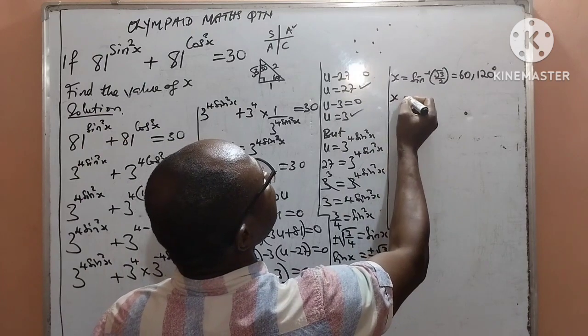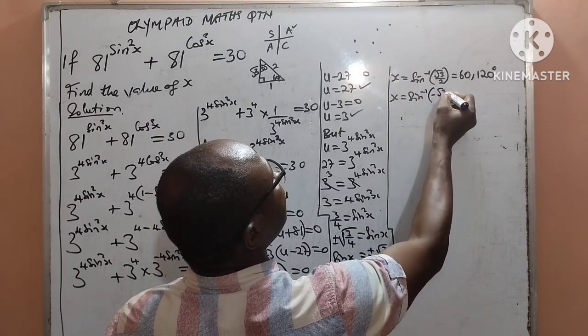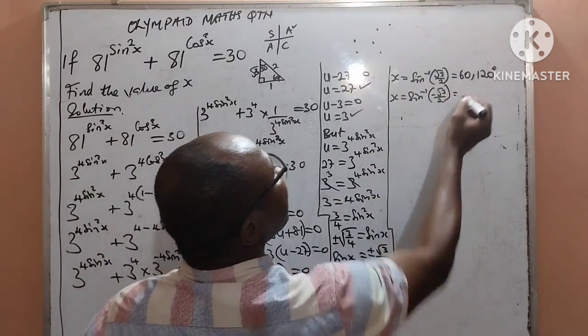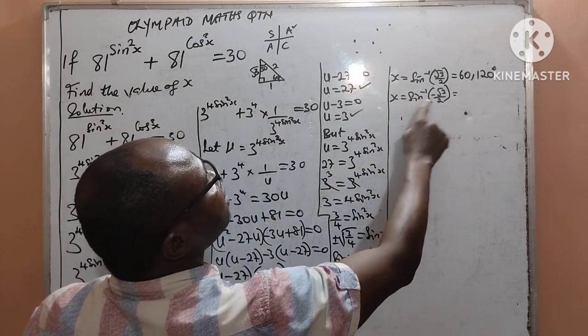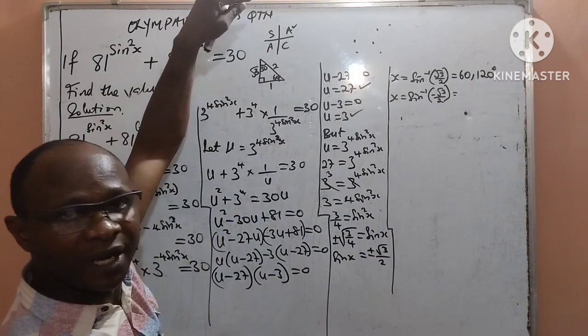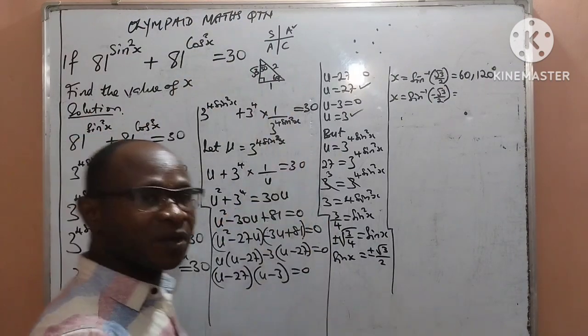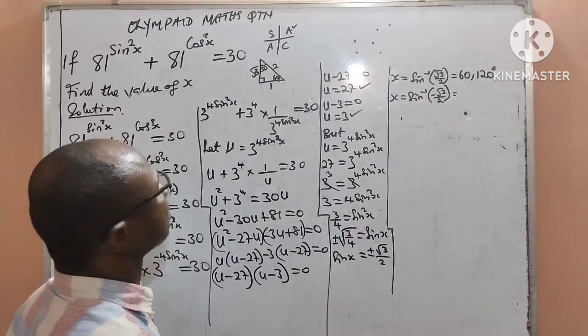Also, if we take sine inverse of negative root 3 over 2, where do we have sine negative root 3 over 2? We come back: sine is negative in the third quadrant, sine is negative in the fourth quadrant.